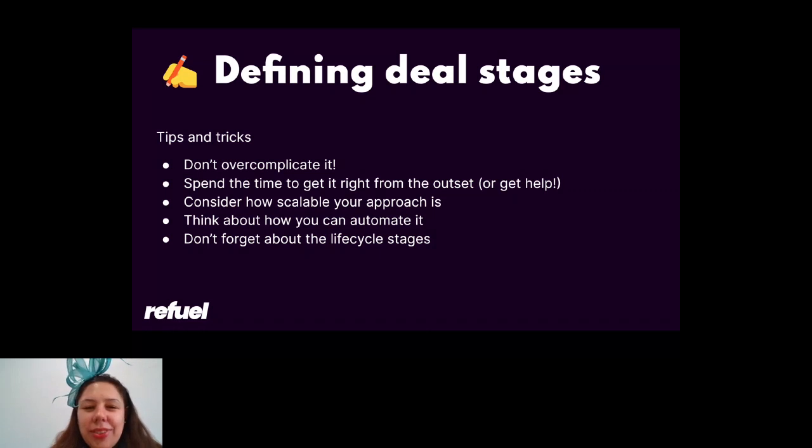And then finally, just a reminder not to forget about the lifecycle stages. The lifecycle stages are what HubSpot uses to measure how long it takes someone to become a lead, to go through to being a customer. I think as a salesperson, knowing the length of the sales pipeline is always useful, particularly when you're trying to meet your KPIs and things like that.